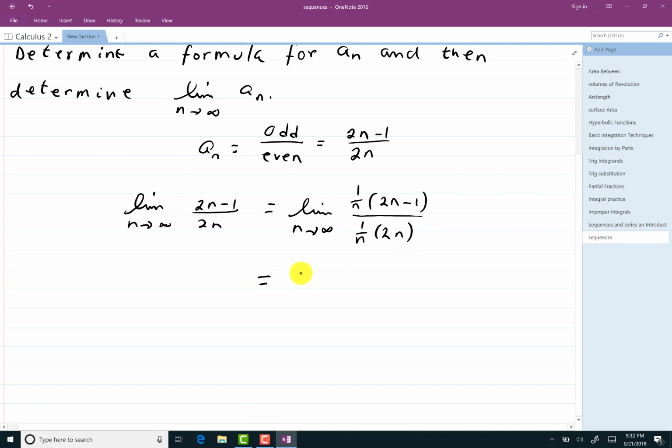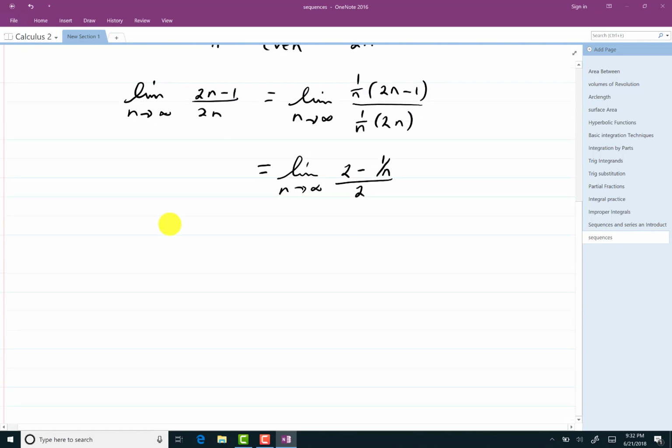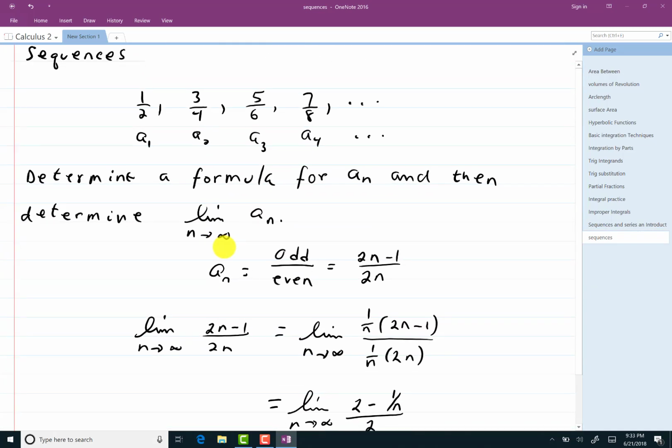And then what's left over in the numerator, you'll have 2 minus 1 over n, and in the denominator you'll simply have a 2. Now when you let n go to infinity, this piece will become 0. I'll get 2 minus 0 over 2, which equals 1, and that'll be the limit. It should seem like that too when you think about it. They are getting closer and closer to 1.